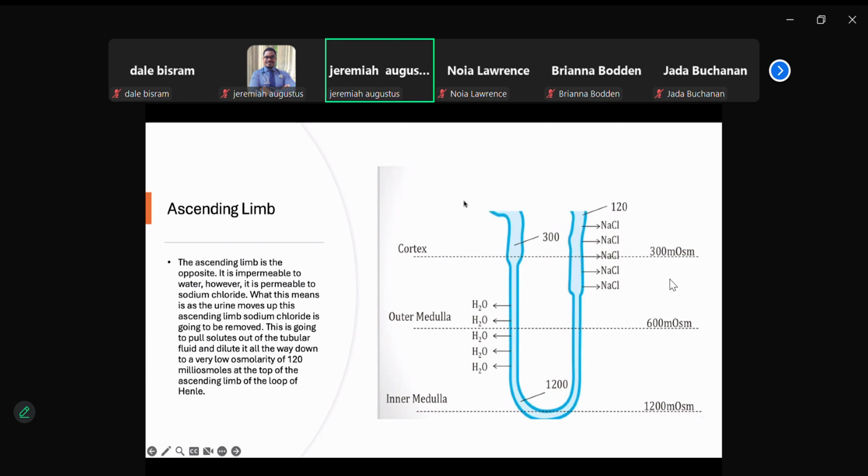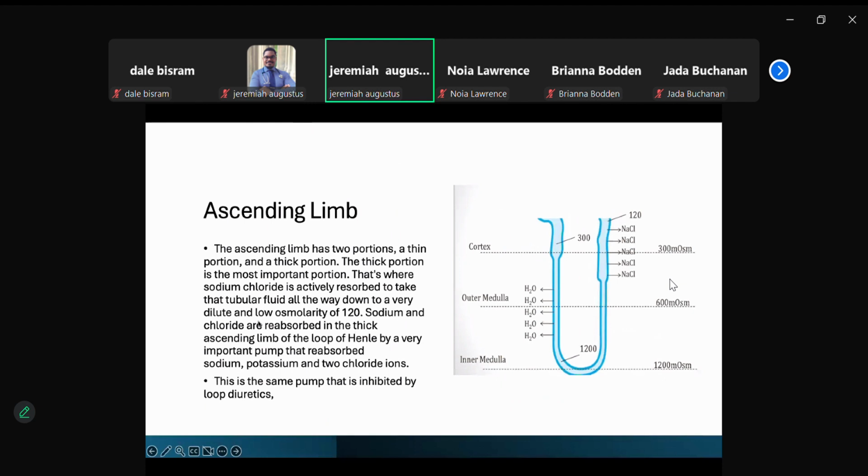So the ascending limb is going to now reabsorb sodium chloride. But not only that, it is such a smart thing. There are two parts: a thin ascending limb and a thick ascending limb, right?